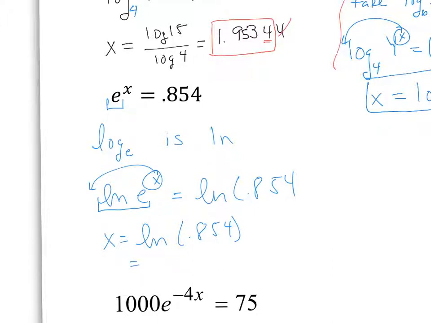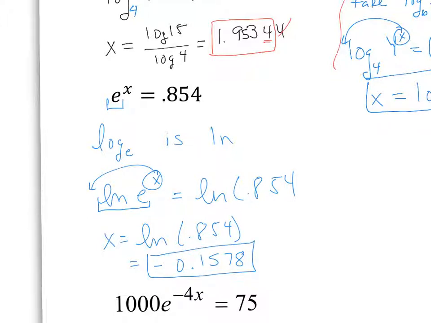which you can leave like that, or if you want to turn that into a decimal approximation, the natural log of 0.854 rounded to 4 decimal places is going to give me a negative 0.1578.